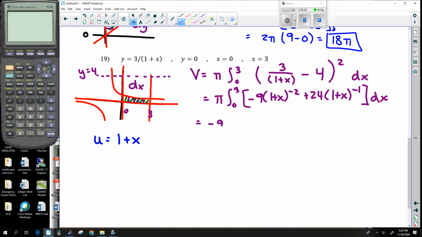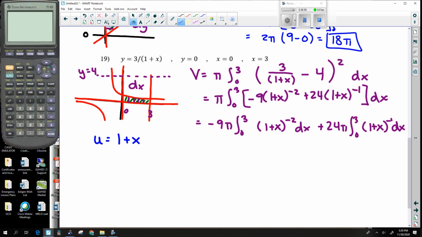So this is -9 pi integral from 0 to 3 of (1 plus x) to the -2, and then 24 pi integral from 0 to 3 of (1 plus x) to the -1 dx.